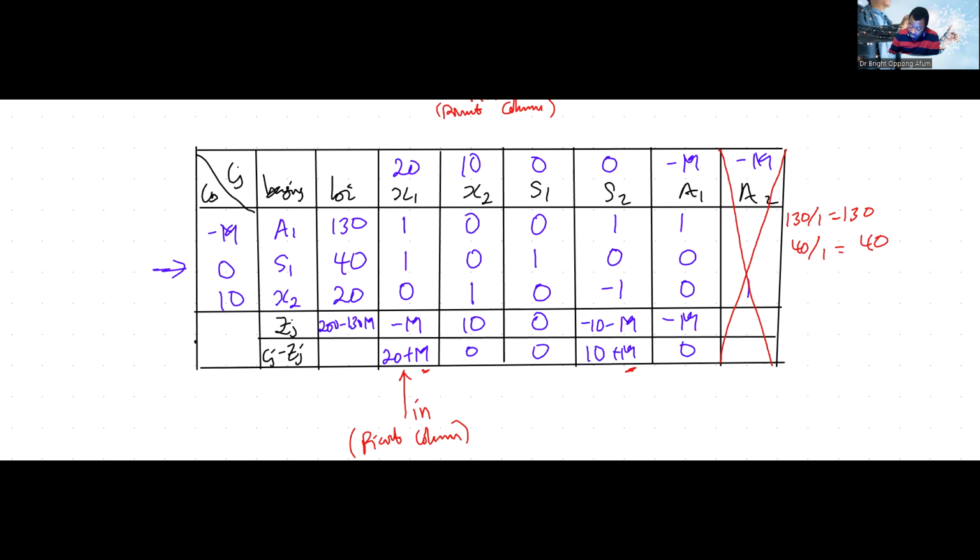Then 20 divided by 0, which is very large, infinity. So this is actually our pivot number, and this is our pivot row. So we are done with this tableau. When you finish it in this form, then you say that you are done with the tableau. You can move on to the next tableau.